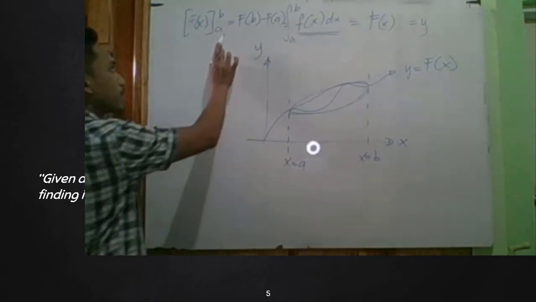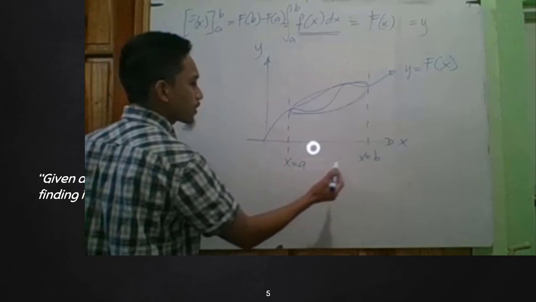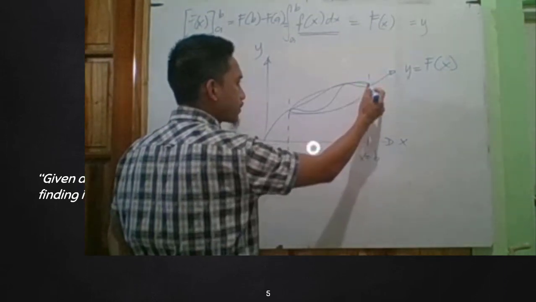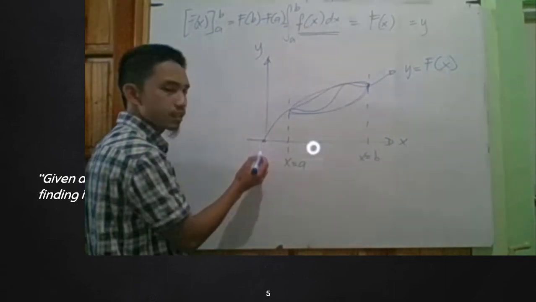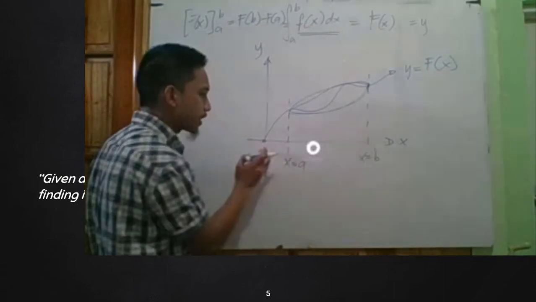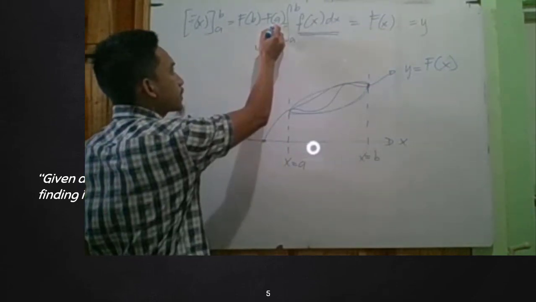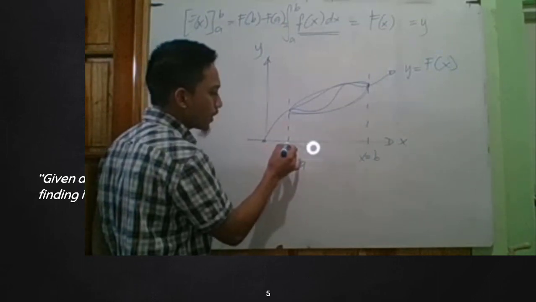It means that we are going to substitute and get the value from x equals a to x equals b. The value at x equals b is referred to from the origin, or from the beginning or start of that function. And then you will get the value of the function from the beginning to x equals a.